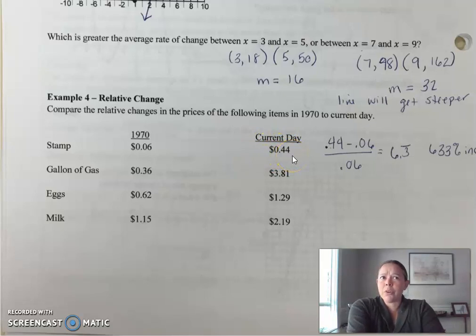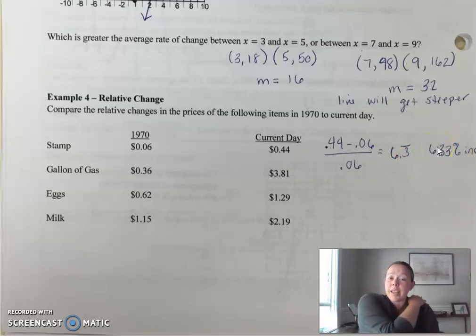It might be over a quarter or 50 cents now. But anyways, I need to update these. All you do is subtract and divide by the original, which is what I've shown you here. But remember, 6.3, we need to change that into a percentage. So move your decimal over 2 places and it's a 633% increase.